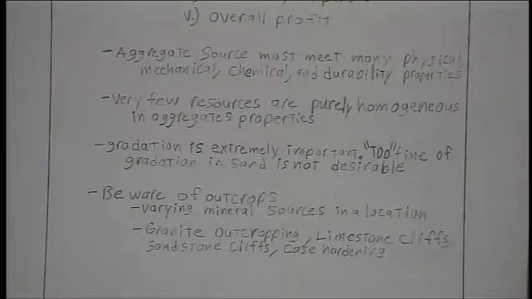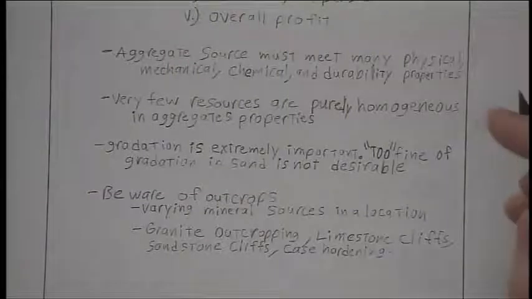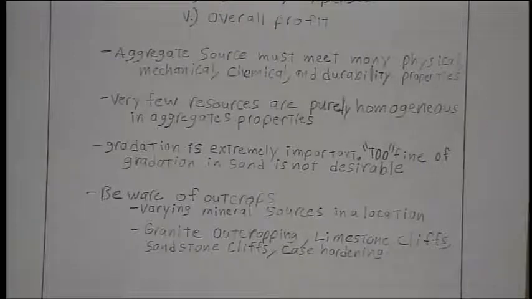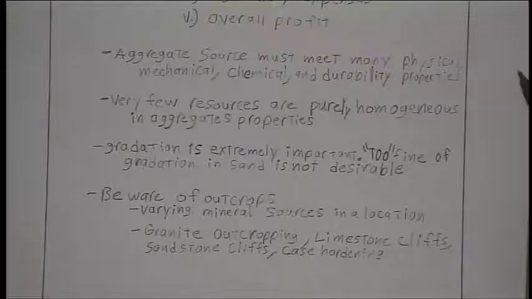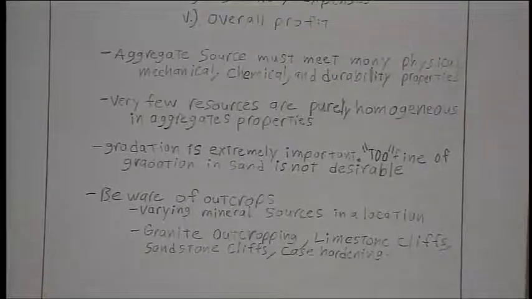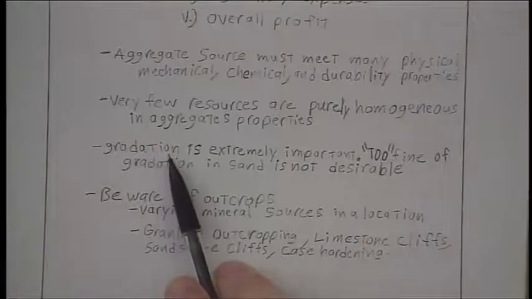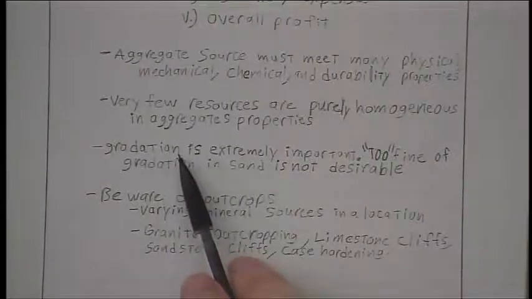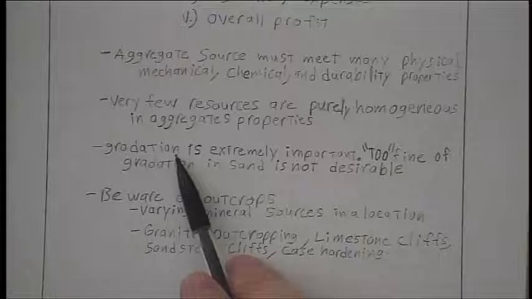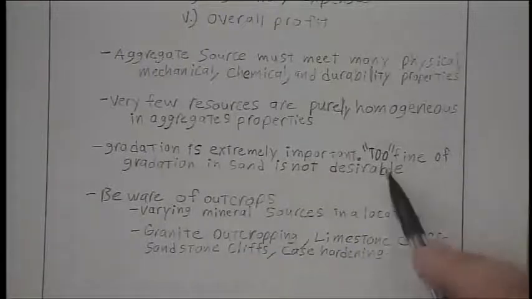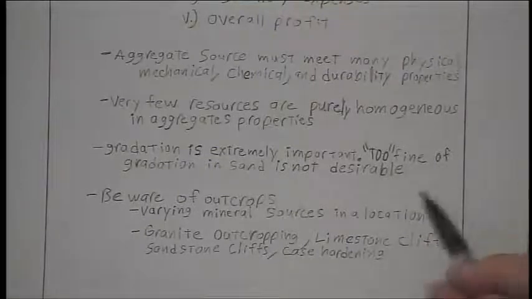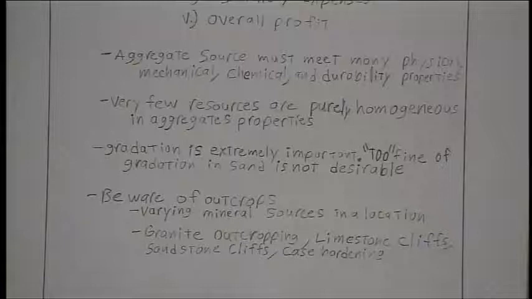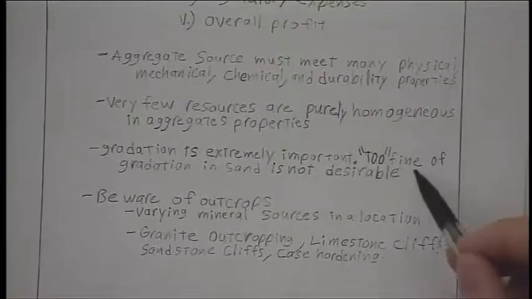It's more that they're just not all the same, and you can also see color differences in your aggregate from one month to another. So it's very important to look at gradation, especially because almost every aggregate specification has gradation in it. Obviously for sand, you don't want too fine of a sand, because for a lot of applications, people just can't use it.